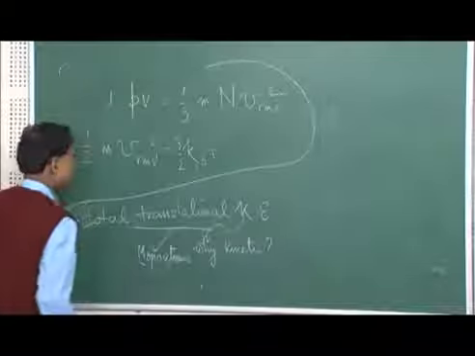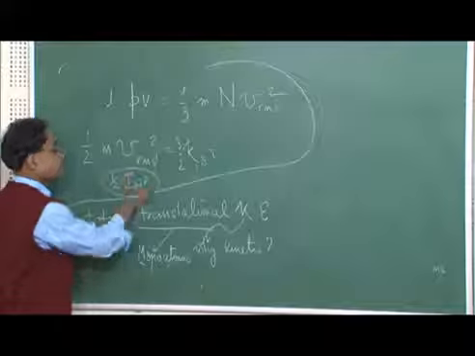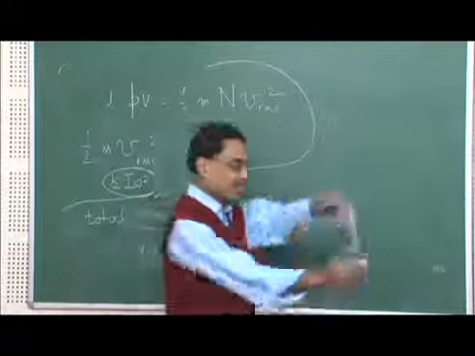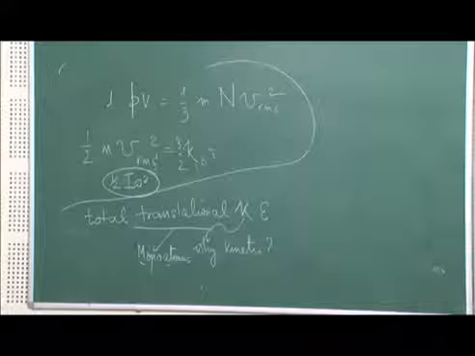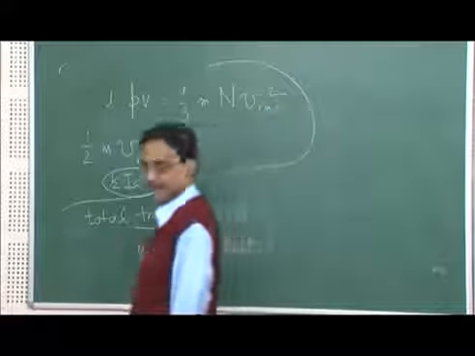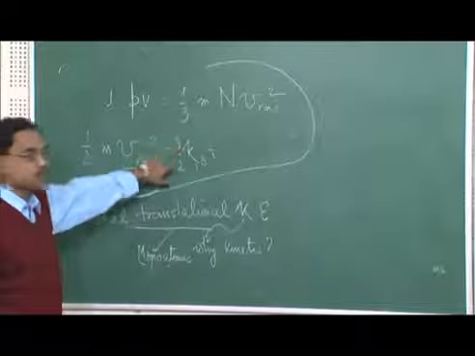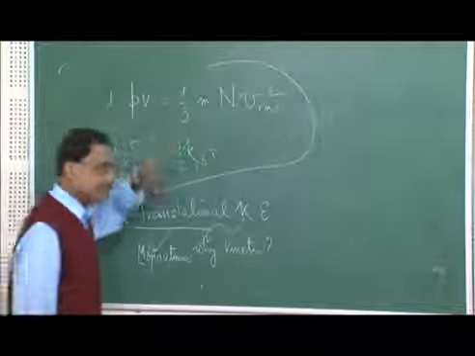But you know there is one form of kinetic energy which is half I omega squared. If I allow the molecules to have a rotation axis and rotate about that, then you have to take the total kinetic energy and appropriately modify this number 3/2. Now, why 3?